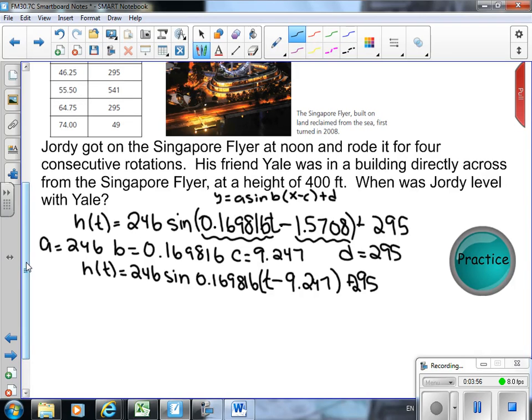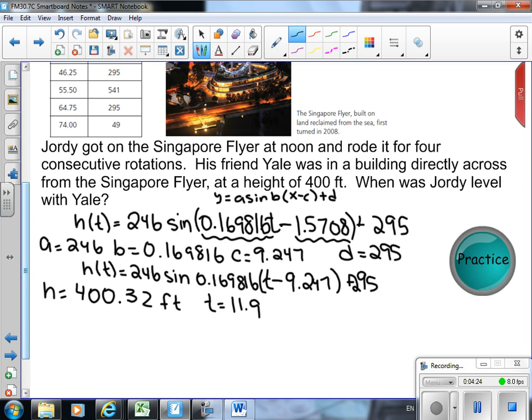So when y, or h, equals 400.32. And remember, this is an approximation, so you want to get as close to 400 as you can. If it's not exactly 400, it's okay. So 400.32 feet. The time t was 11.9.